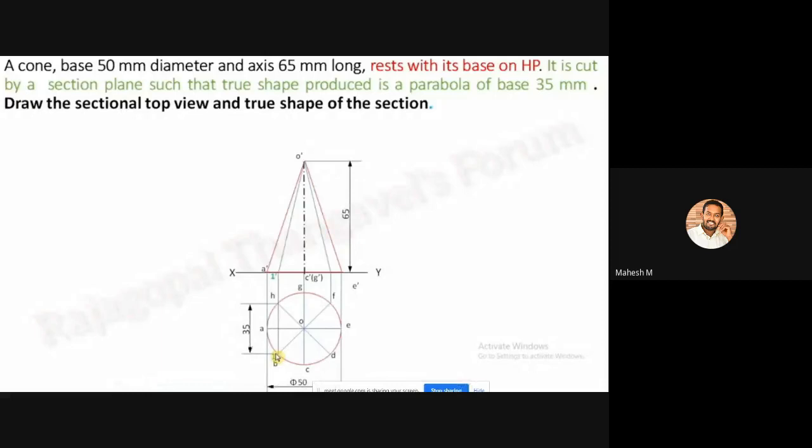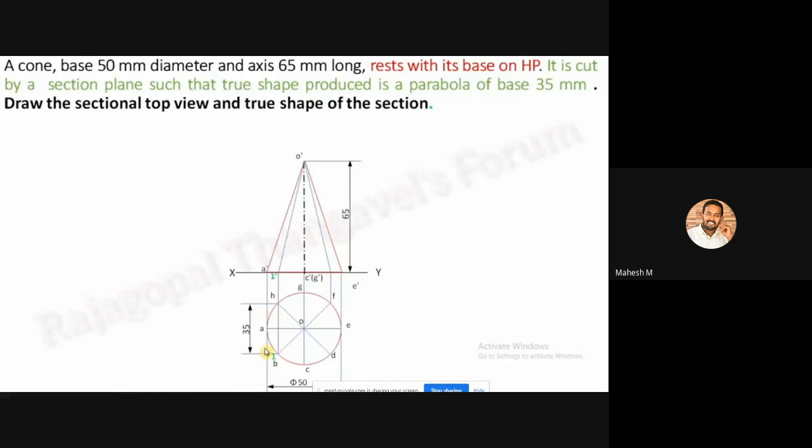Okay, so you can project this 35 mm line up to your front view. Okay, it is not our cutting plane. I already told you that the cutting plane will be available only in the front view.